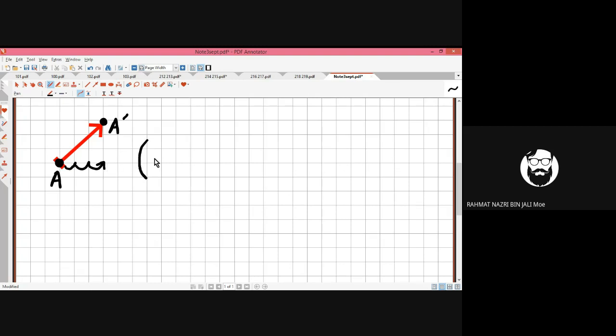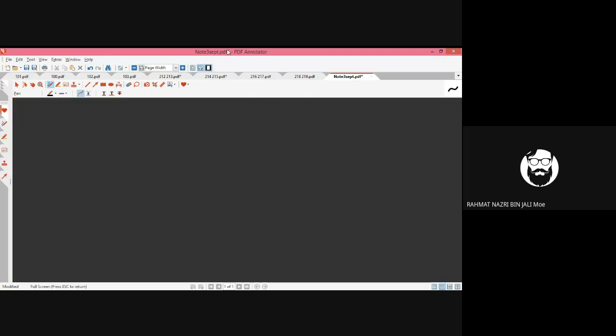Translationnya ialah 3. Kemudian ke atas 1, 2, 3, 3 juga. 3 positif. Kecil lah, saya mau besarkan.